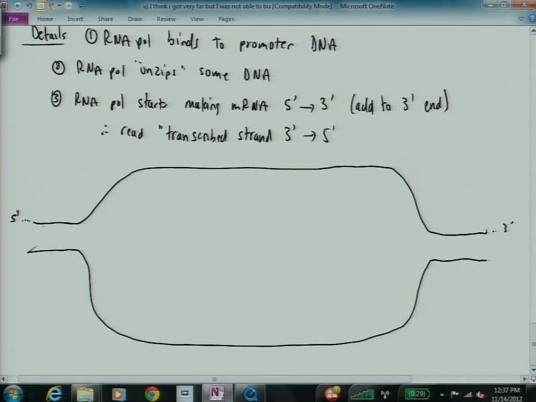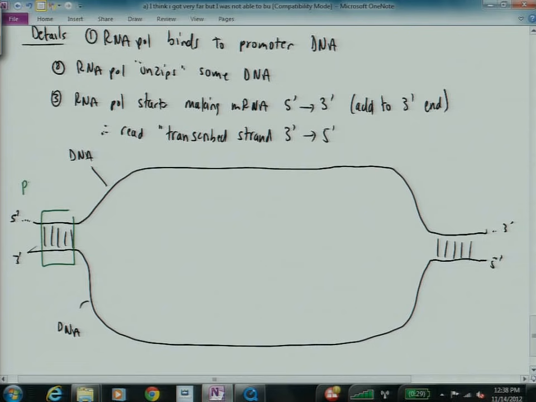So this is the DNA. This is also the DNA. Right? And if we draw in color, here's the promoter. So it says make RNA going this way. Not only does a promoter say start, it says start and go in a particular direction.